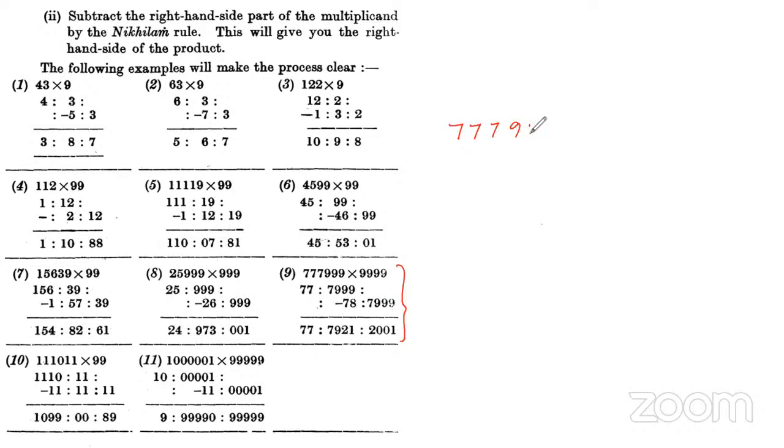Okay, and come to this problem. 7999 into 9999. In this case, if you observe, 4 nines we have, so 4 digits will be selected. So 7999. That means we have to apply the complement on this number only. So the remaining digits will be 7. So 7 Ekadhikena will be 8, we have to subtract here.